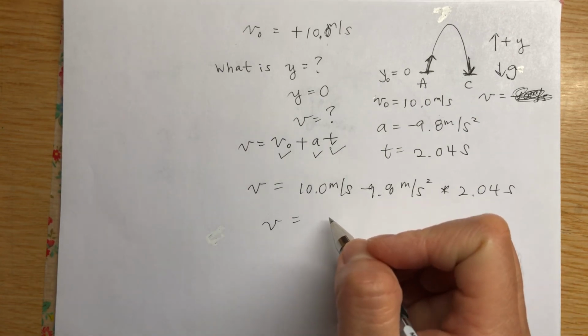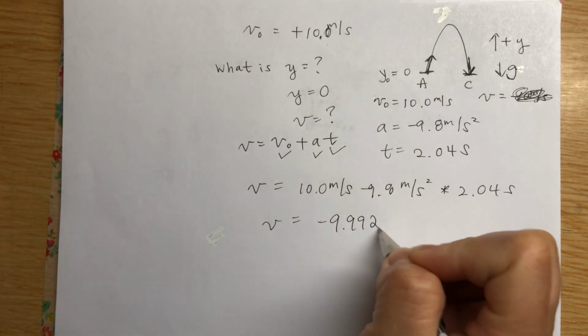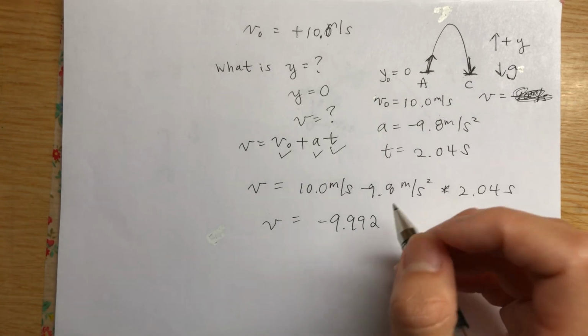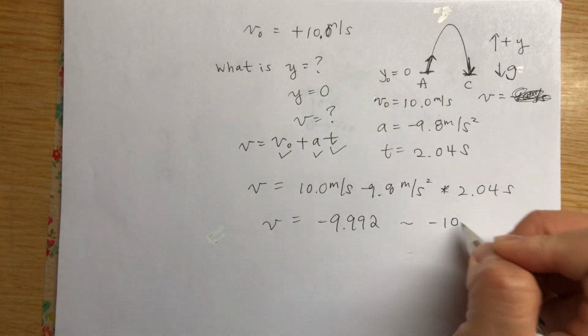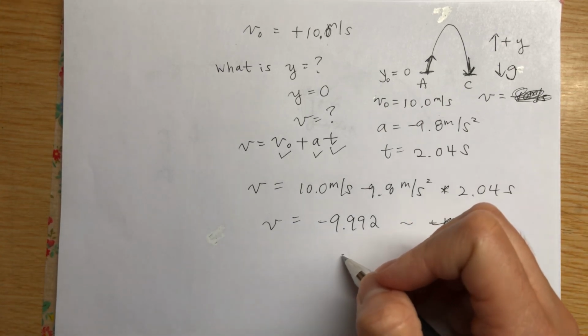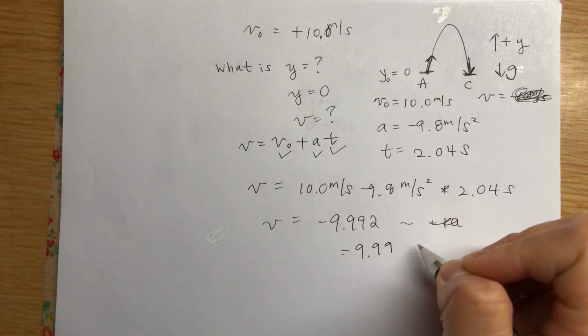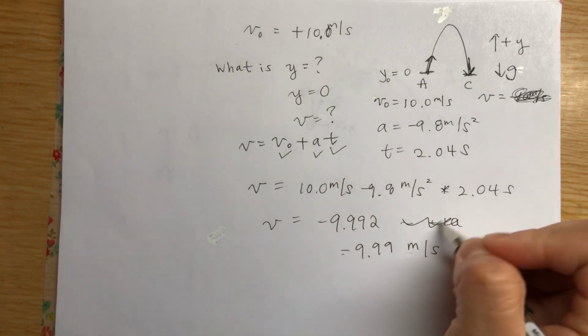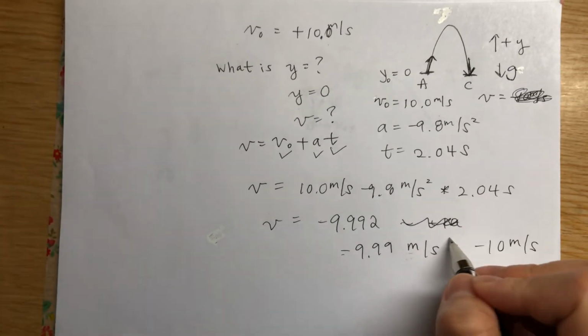Velocity is negative 0.992, which by the sig figs, let's do negative 9.99 meters per second, which is basically negative 10 meters per second.